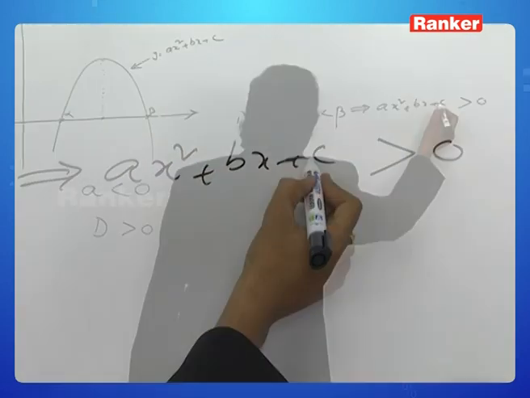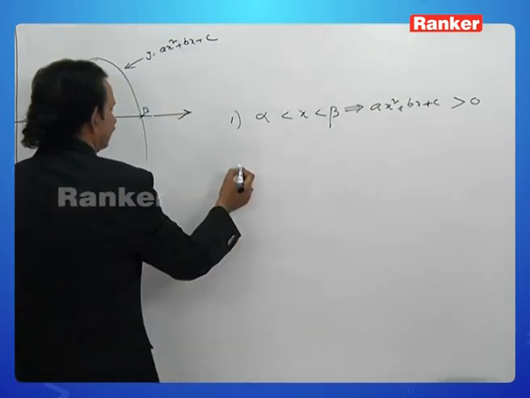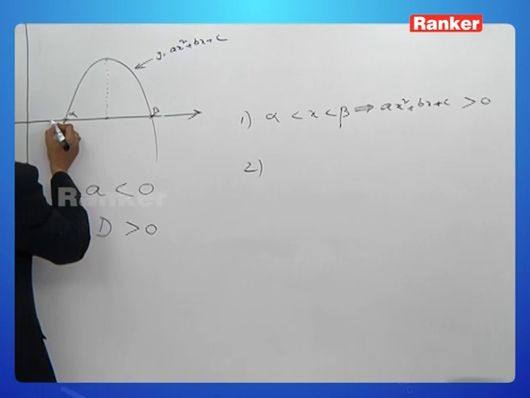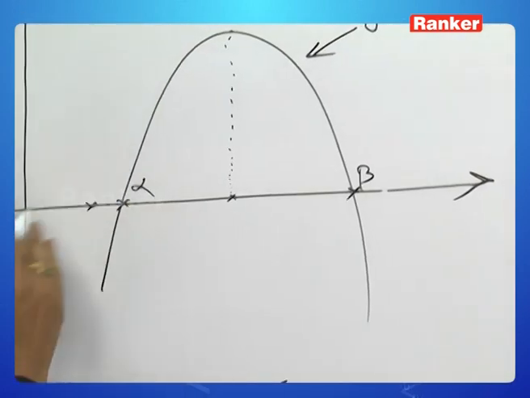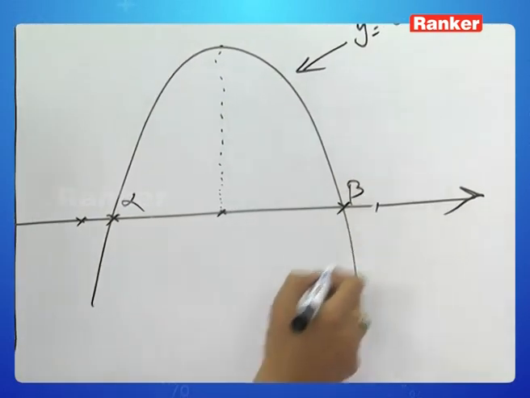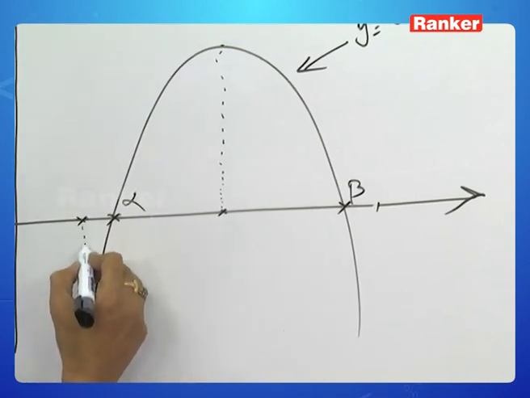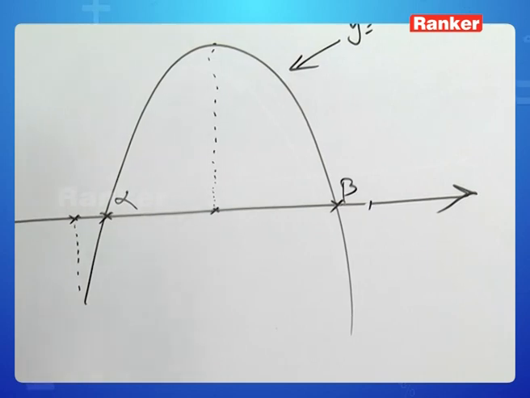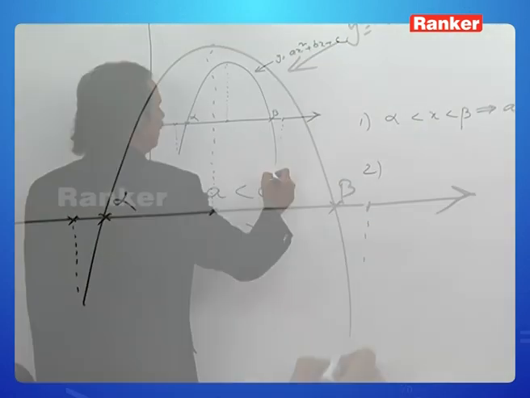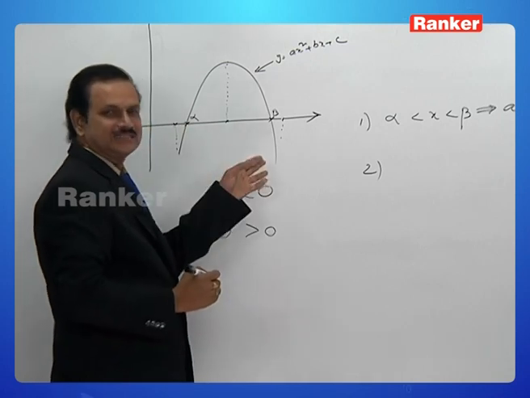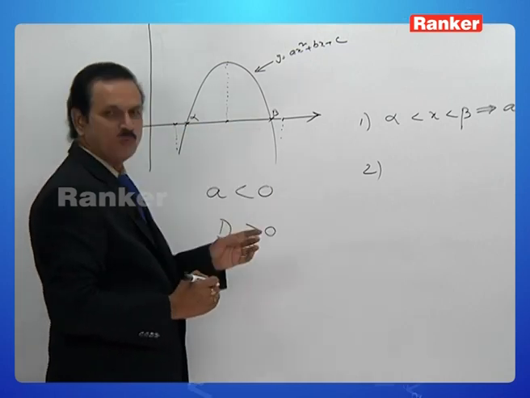Good. Secondly, if the x taken by us lies either behind alpha or beyond beta, then to know f of x, should you move downwards or upwards? Downwards. So the graph is available below x-axis, and below x-axis the region is negative in terms of y.